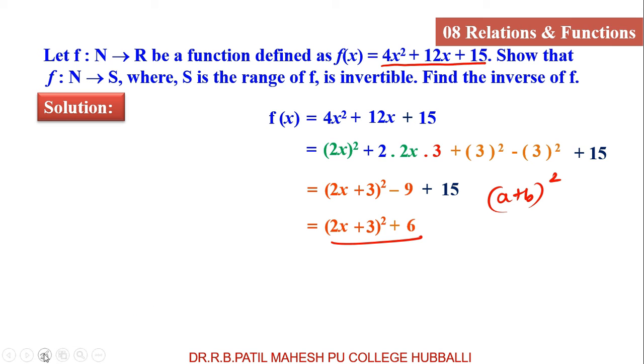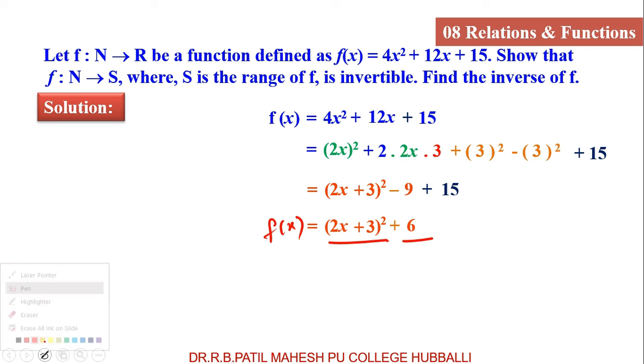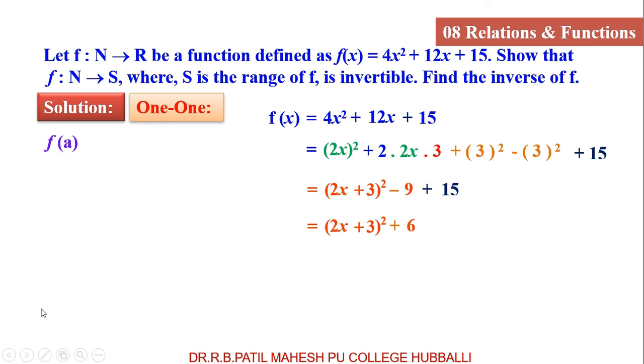Both are the same. To show one-one and onto, let us consider f of x as (2x plus 3) the whole square plus 6. Start with one-one: f of a equal to f of b, images are equal. So I write a and b in that (2x plus 3) the whole square plus 6, so that I get these two values.